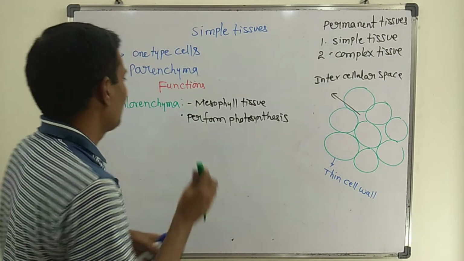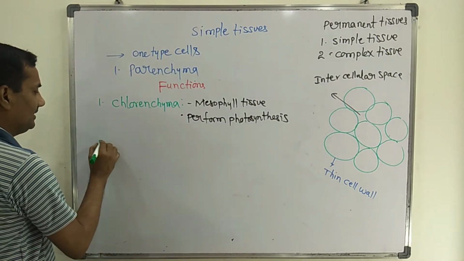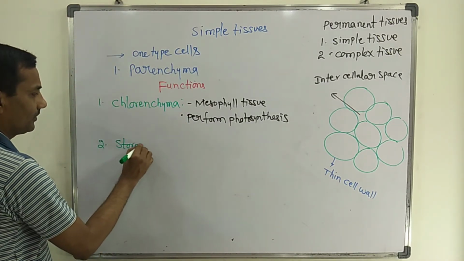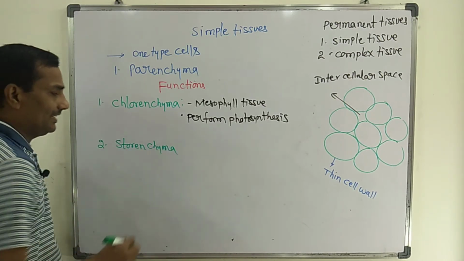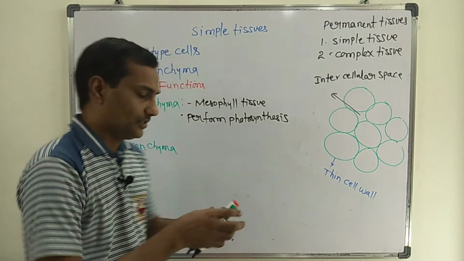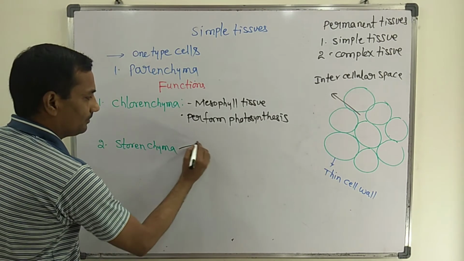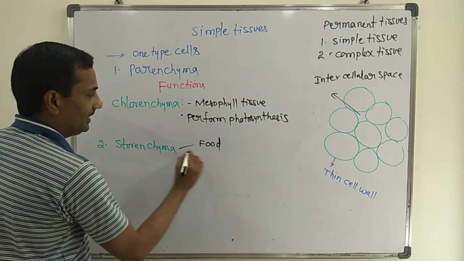The second type of parenchyma is storenchyma. Storenchyma again has different types. It may store food material, or water, or various ergastic substances.